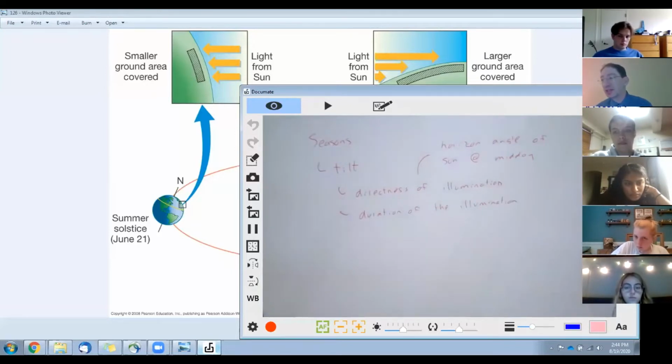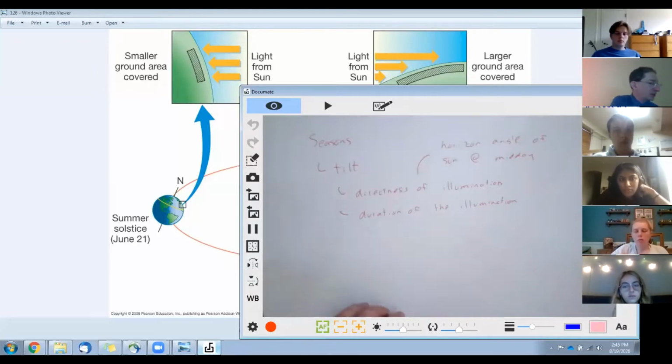When it's rising or setting, that angle is 0. So you have to pick a common time so you can compare from day to day. And we pick midday. We define that not as noon, but as when the sun is highest in the sky, which is usually a little bit after noon. And during daylight savings time, it's another hour beyond that. And so the horizon angle of the sun in the sky, how high it is in the sky, affects the directness of the illumination. I'll demonstrate that again.